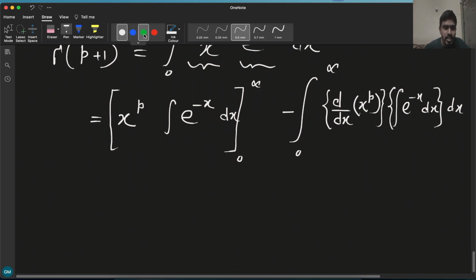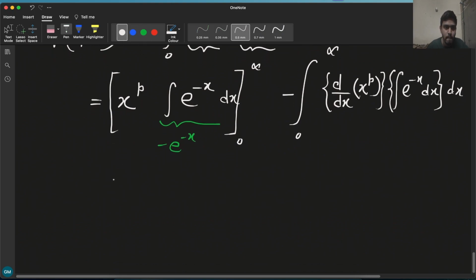Now let's look at this integral. It is nothing but e to the power minus x with a minus sign. So if I put the limits, then it is x to the power p with a minus sign, e to the power minus x.